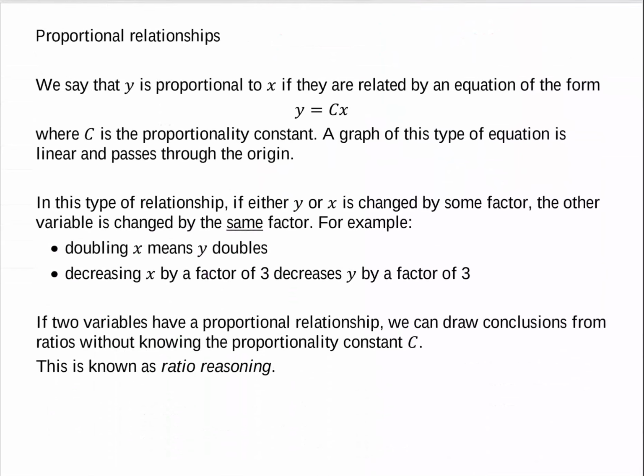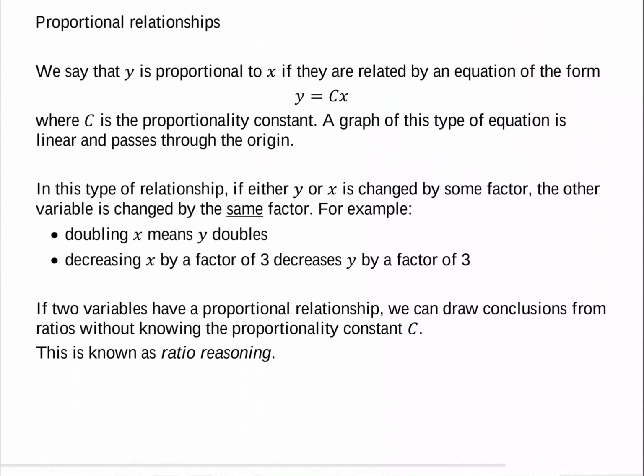So, proportional relationships. So we say that y is proportional to x if they are related by the equation in this form. And again, this is Algebra 1 stuff. So in Algebra 1, we said y equals kx. Or after we said that, then we said y equals mx. And then we found out that those graphs go through the origin if we were to graph them.